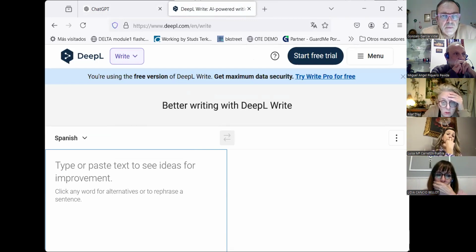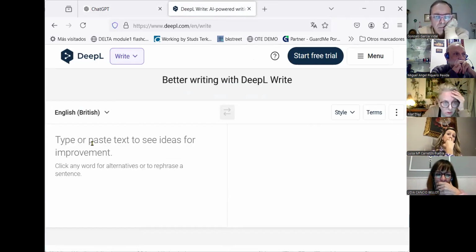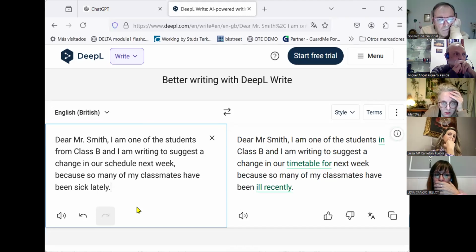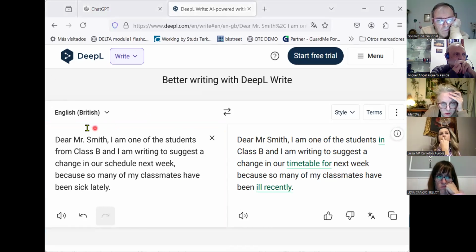Something from our lesson, which said, we're using British English, and this was our sentence, okay? You can see it on the left, sorry. On the left, you can see what we've written, and obviously if it's in exactly the same style, it will be exactly the same, okay?